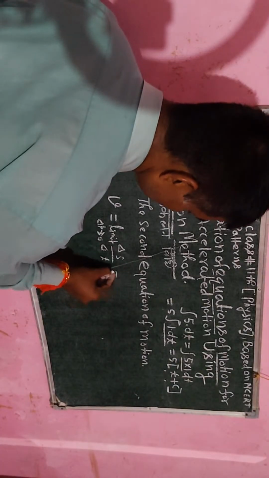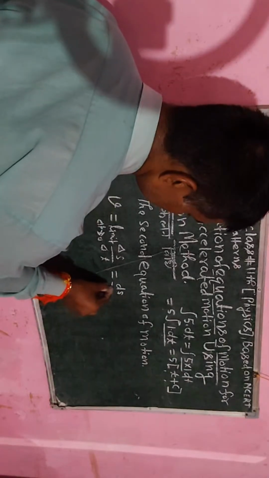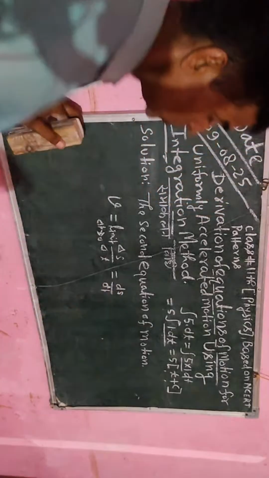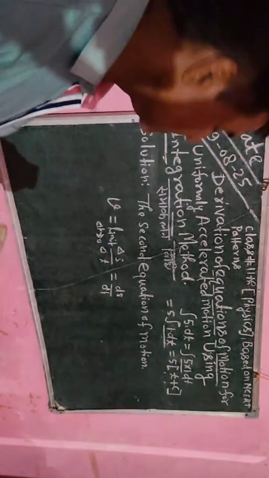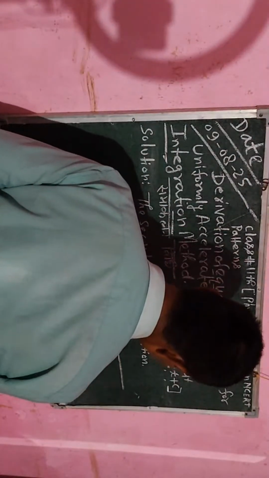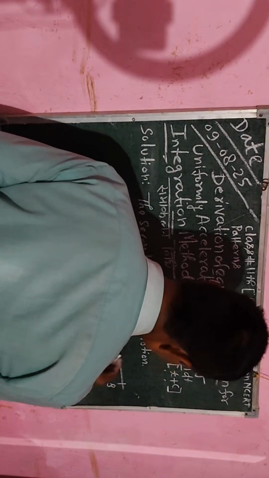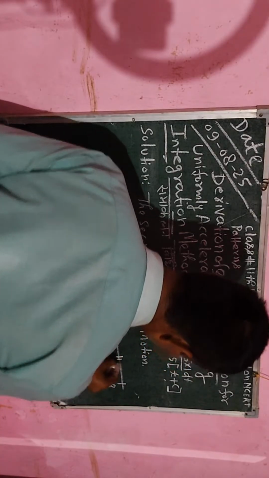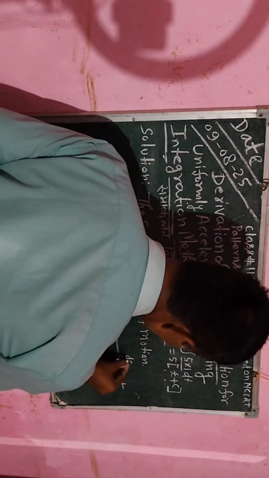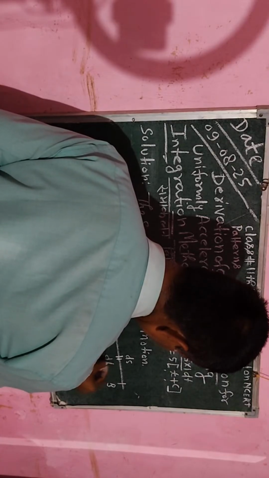It is also written as ds divided by dt, because d is the shortest change. If any object is moving from point A to point B, I will take a small distance, which I will write as ds, and a small time, which will be dt.